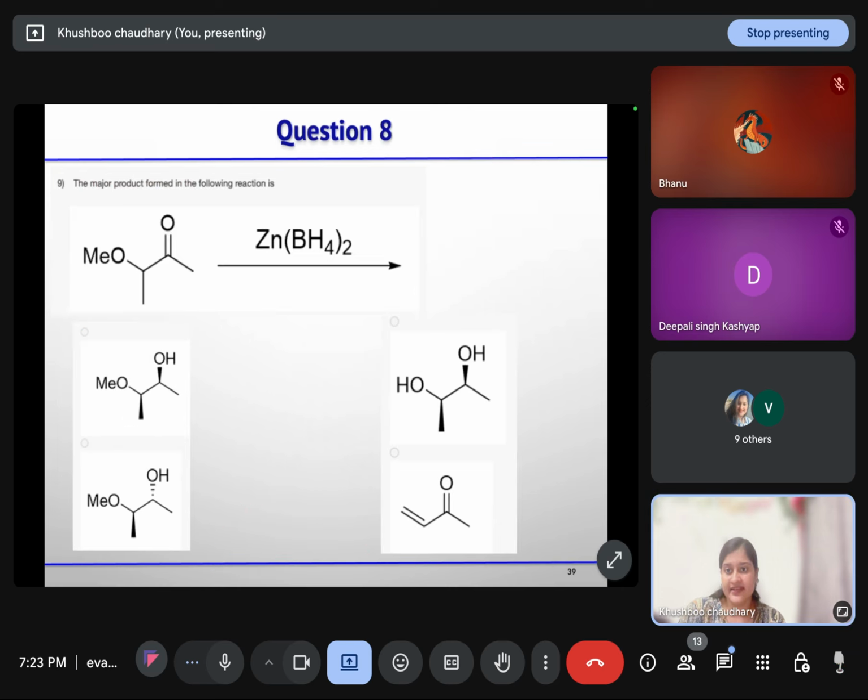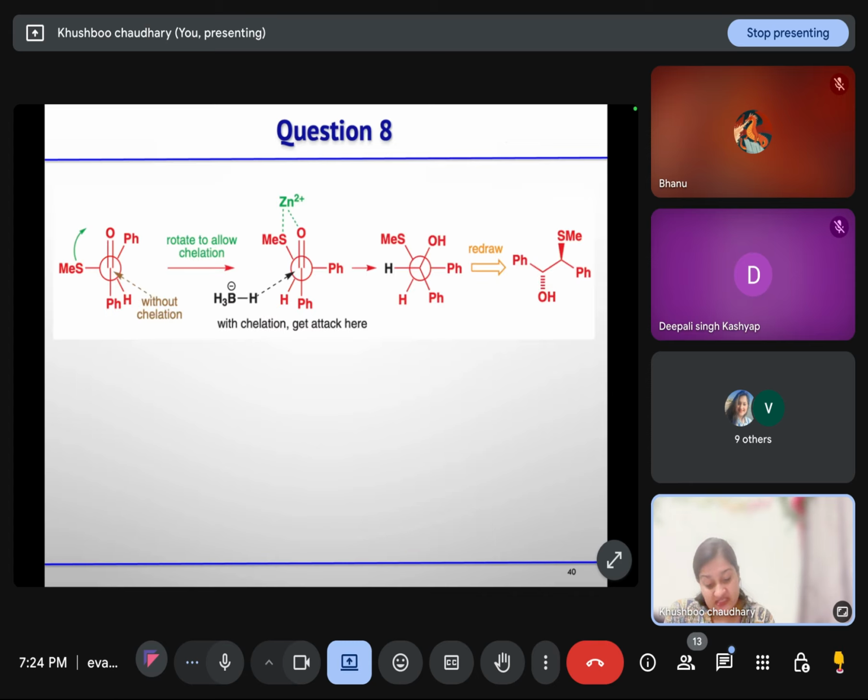Now, next, the major product formed in the following reaction is. Instead of SMe, here you have O-methoxy and you are treating it with zinc bromide. Now, the Felkin-Anh model is applicable, but chelation is there. So your zinc will coordinate with the oxygen.